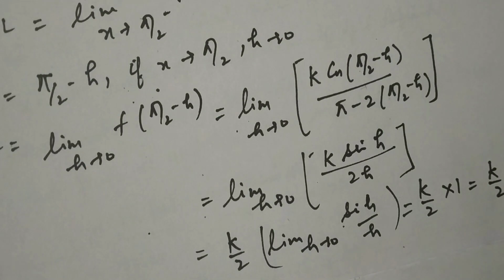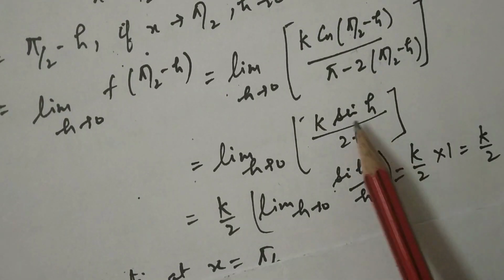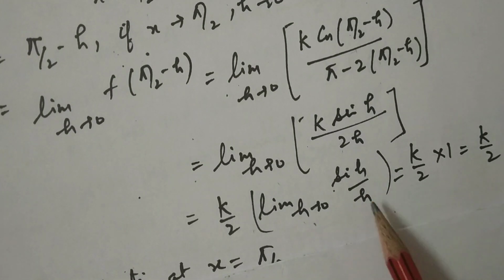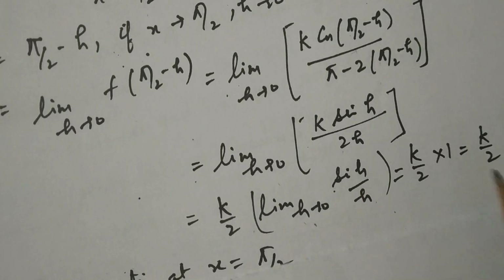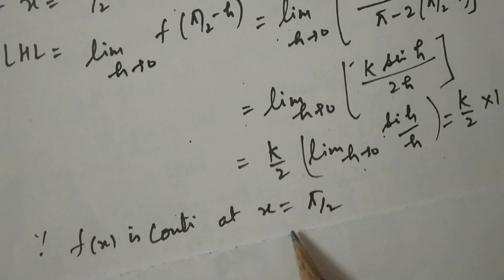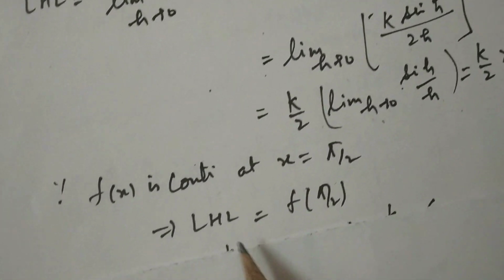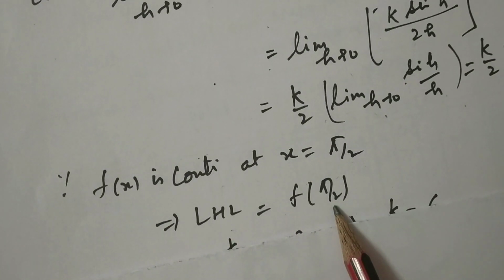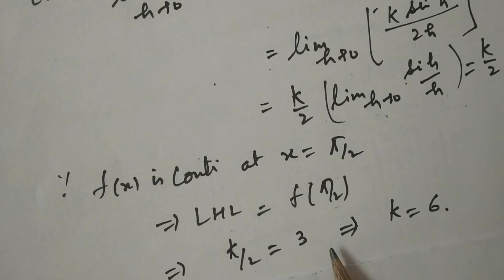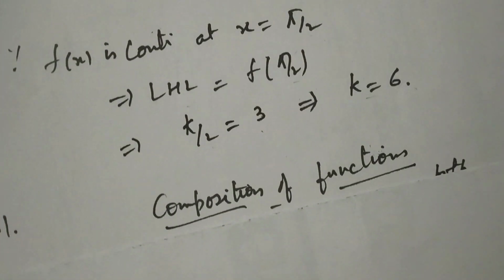On solving, I take k by 2 out and apply the limit h tending to 0 of sin h upon h, which is equal to 1. So it comes out to be k by 2. Since the function is continuous at x equal to pi by 2, left hand limit will be equal to f of pi by 2. On solving, k by 2 equals 3, which gives me the value k equals 6.